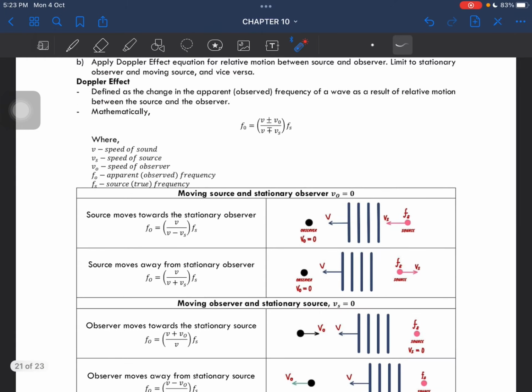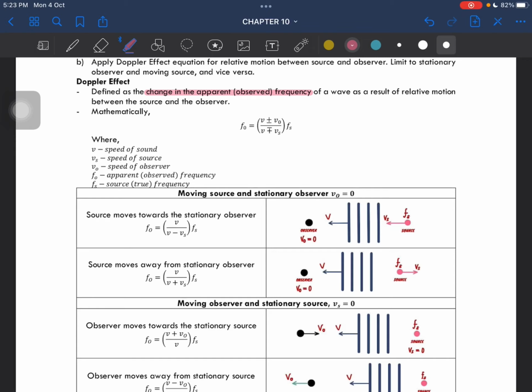Okay, so Doppler effect is defined as the change in the apparent, or the observed, frequency of a wave as a result of relative motion between the source and the observer. So there is a change in frequency due to the motion between the source and the observer.